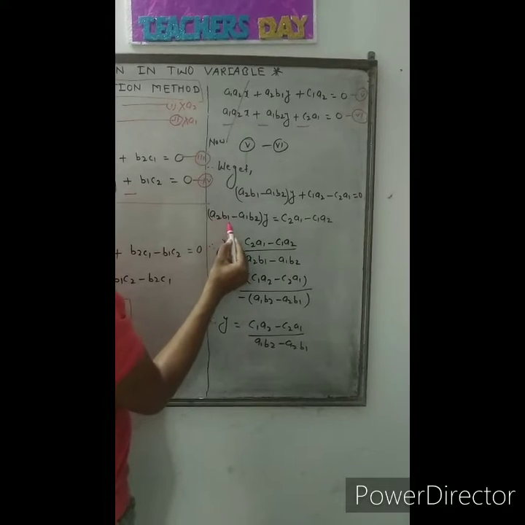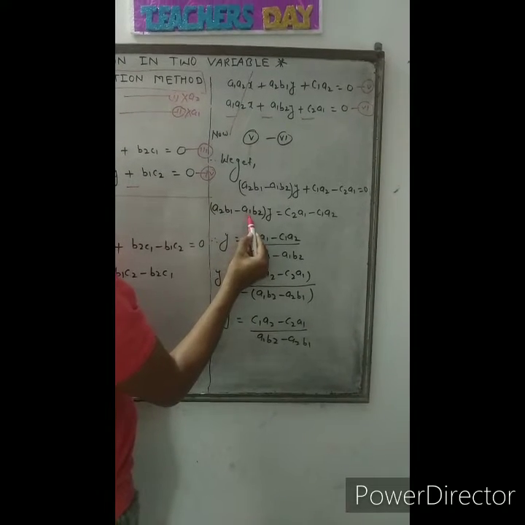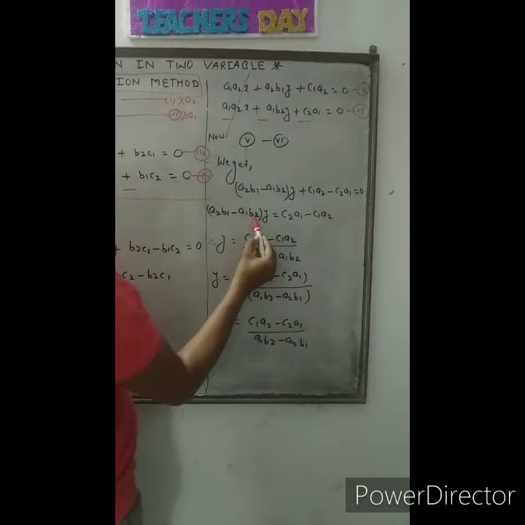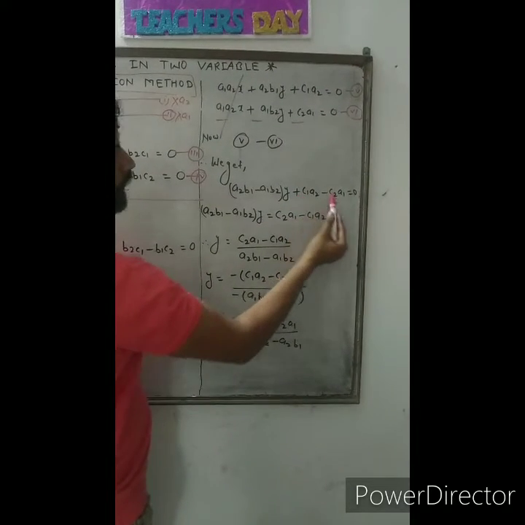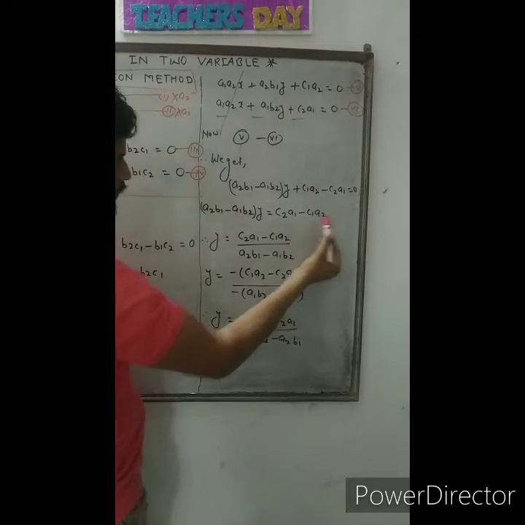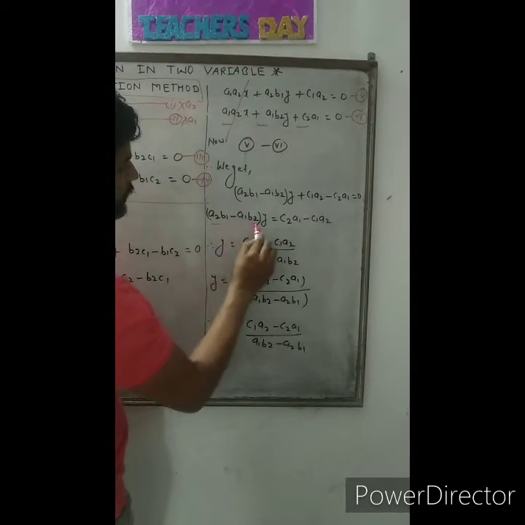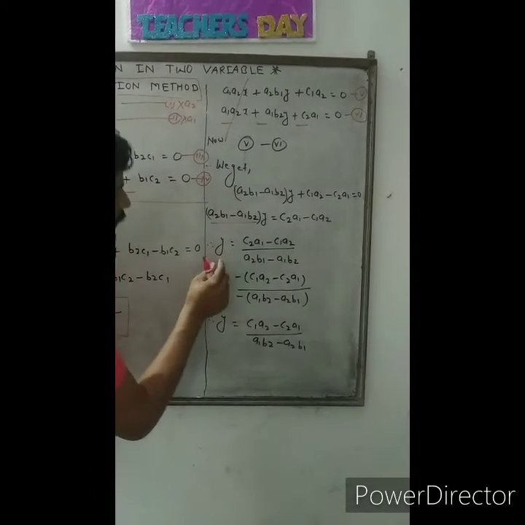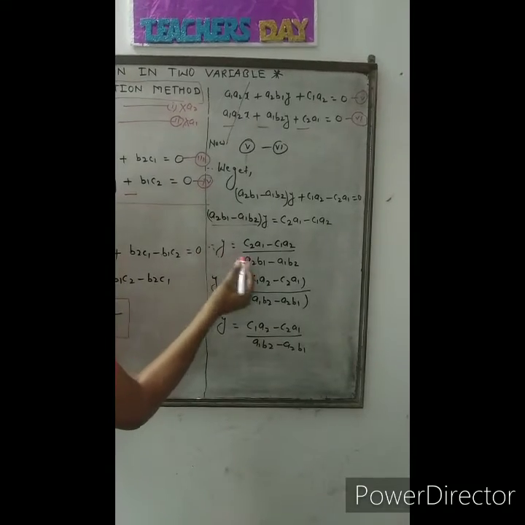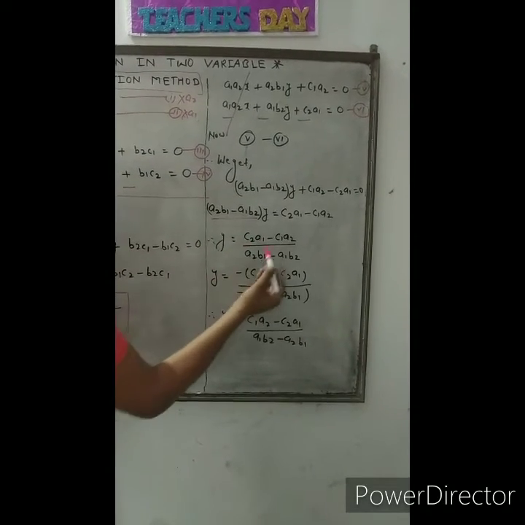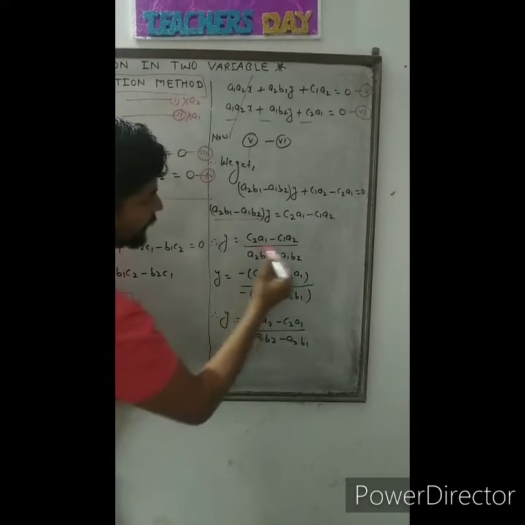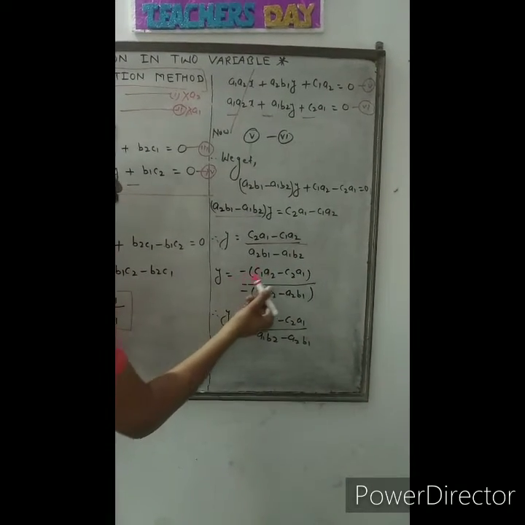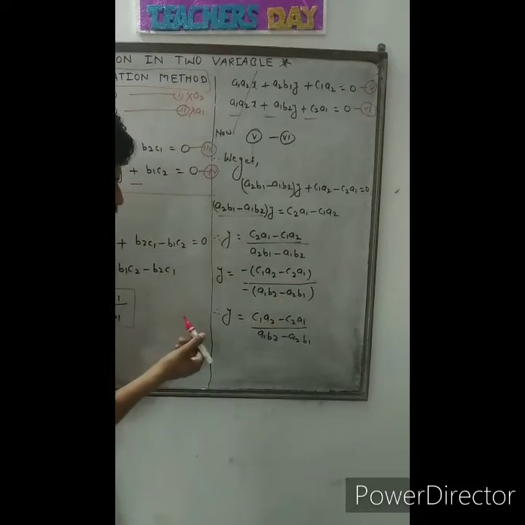Therefore a2 b1 minus a1 b2 into y is equal to c2 a1 minus c1 a2. Now move this one into the right hand side. Therefore y is equal to c2 a1 minus c1 a2 divided by a2 b1 minus a1 b2.